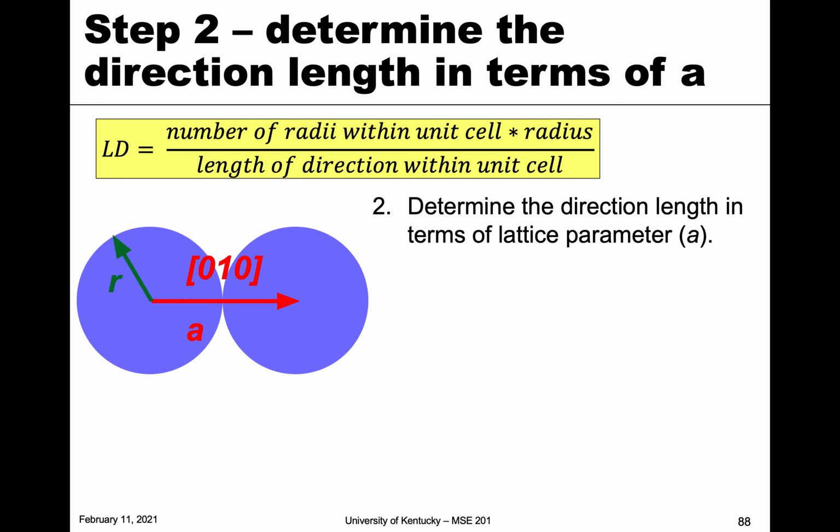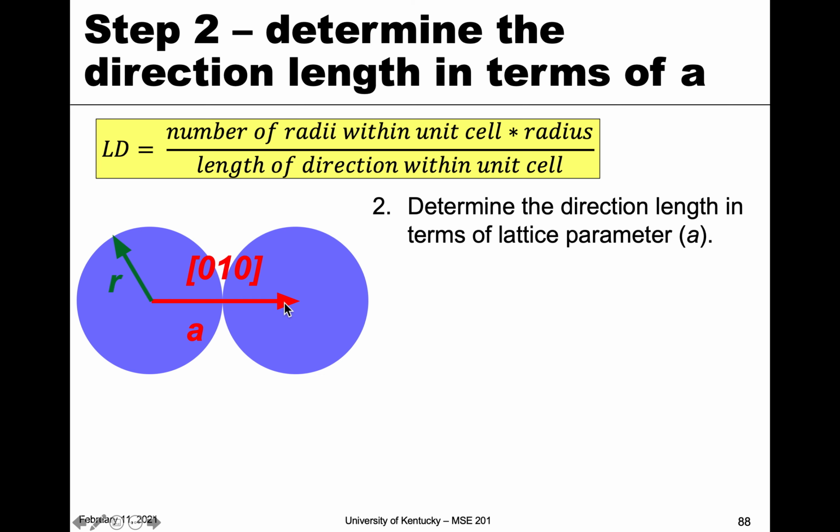All right, so now I determine the direction length in terms of A. Here, this one's easy, right? Because it's one of these 1, 0, 0 types, which are the edges of the cube. So that means the length within the unit cell is the same as the lattice parameter.